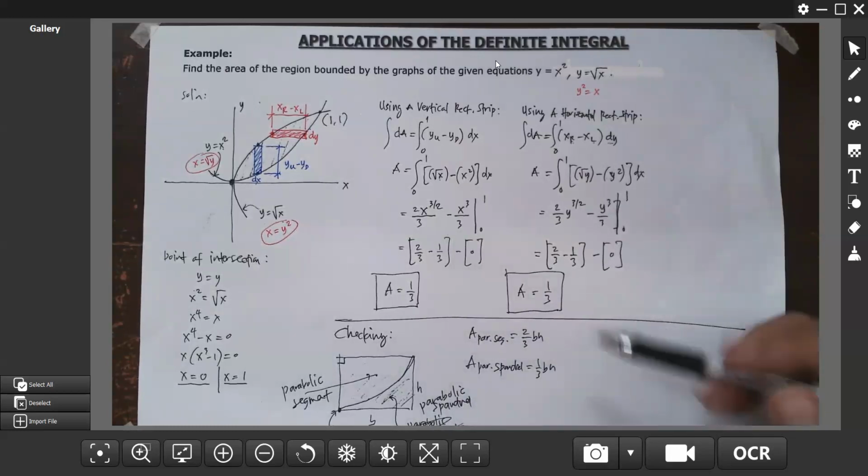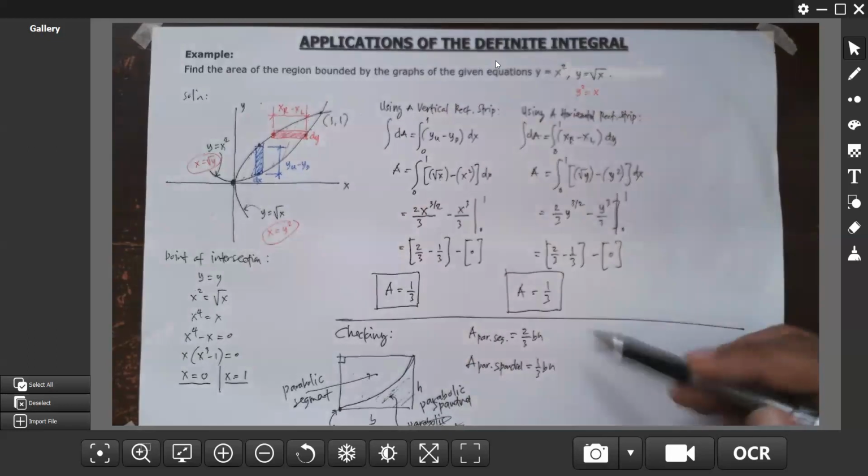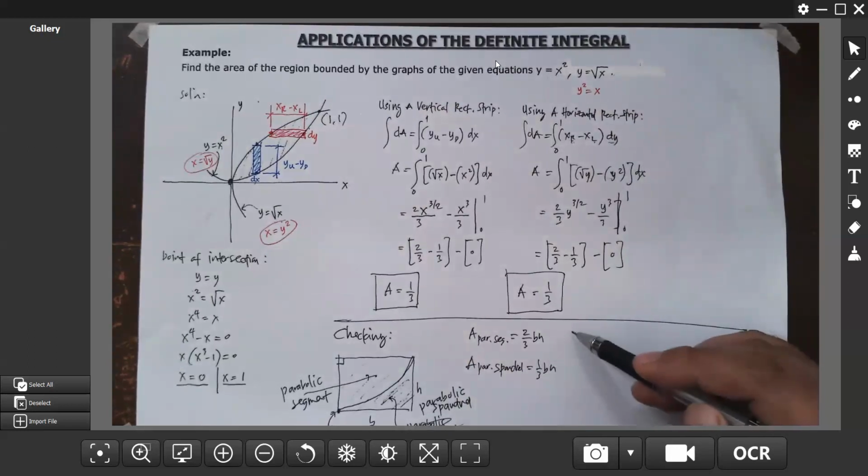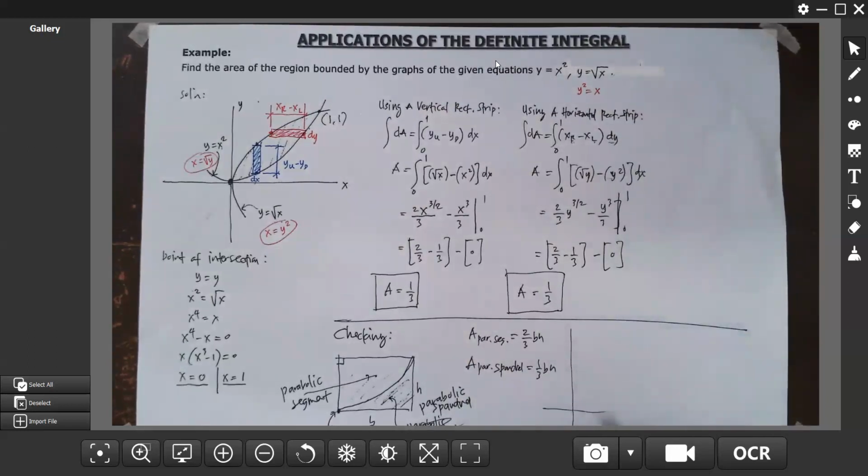Now, if we review the graph, this is the bounded region.